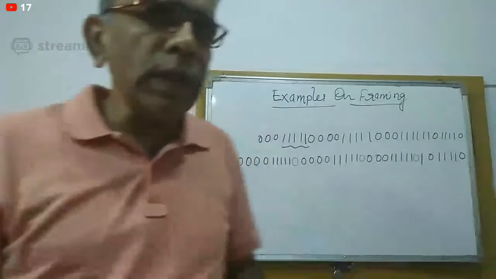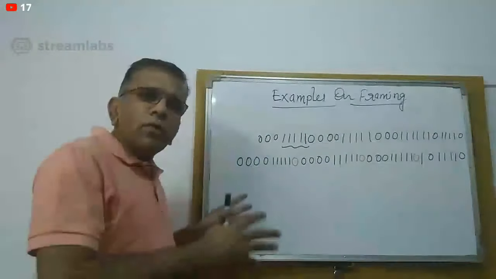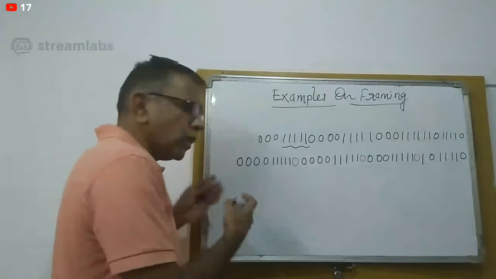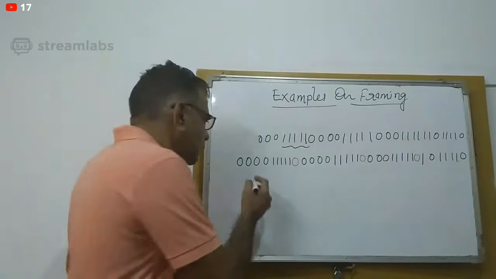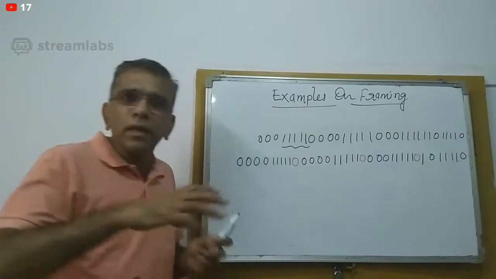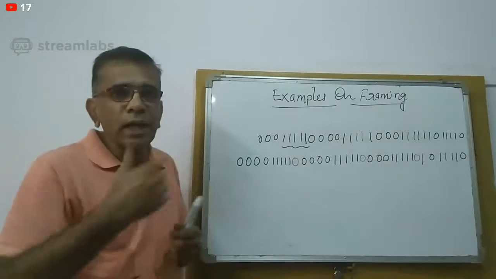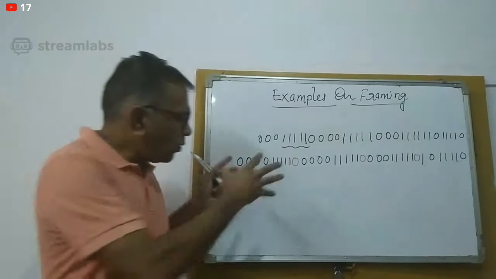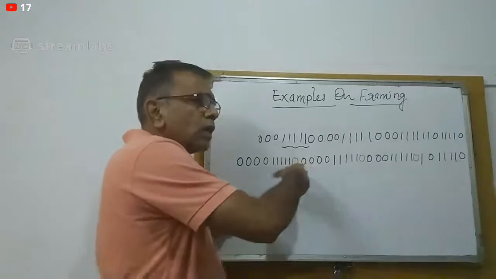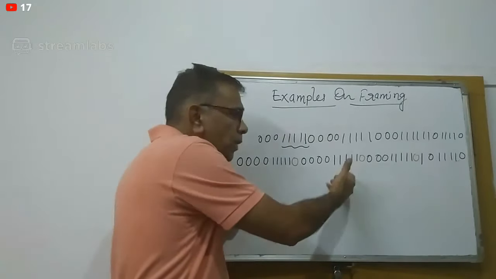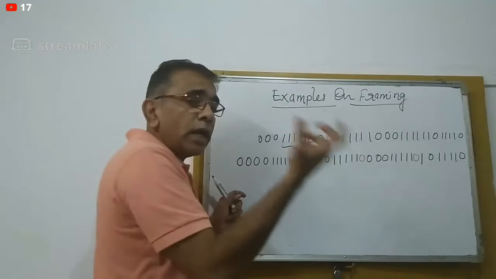As it was told to you in the last class, in framing, one of the important things is that we need to add some special bit streams to identify the beginning and end of the frame. Now, to overcome the confusion if the same kind of bit stream appears in the data part, how do we identify that?